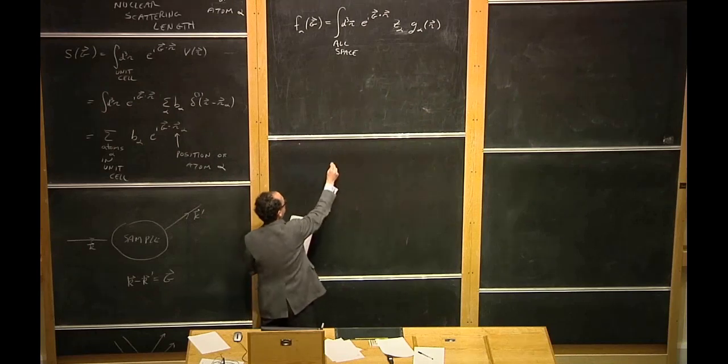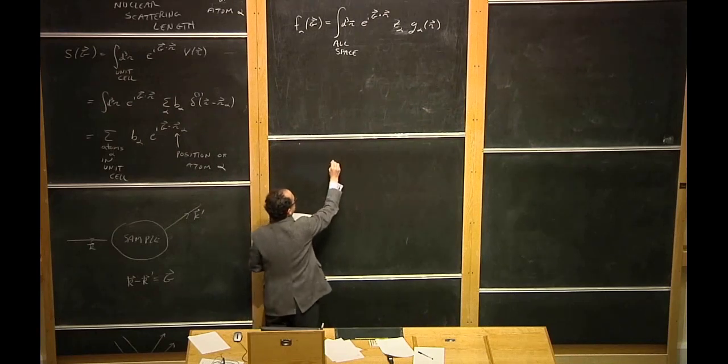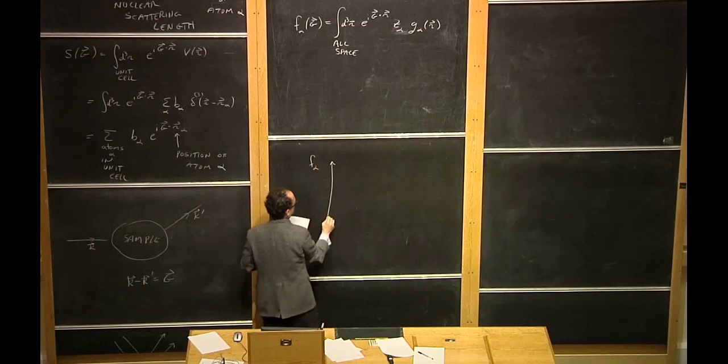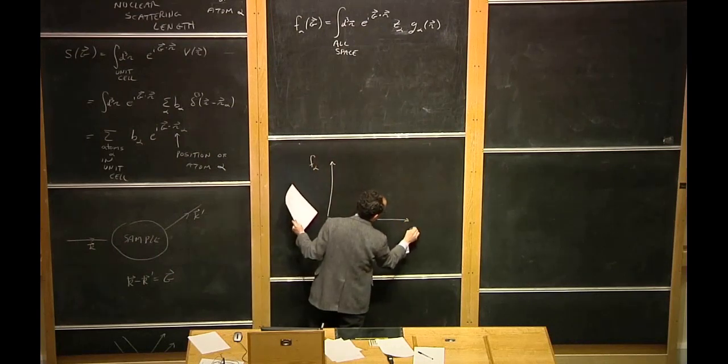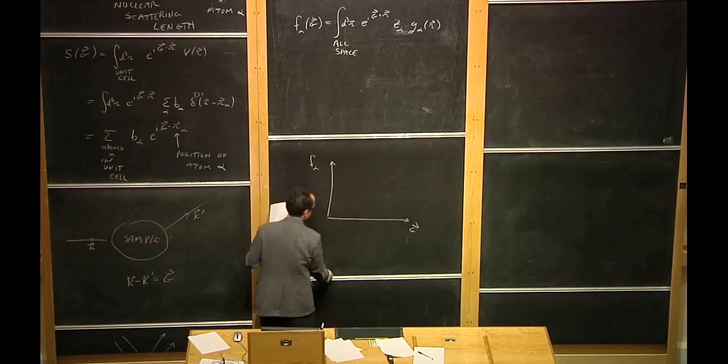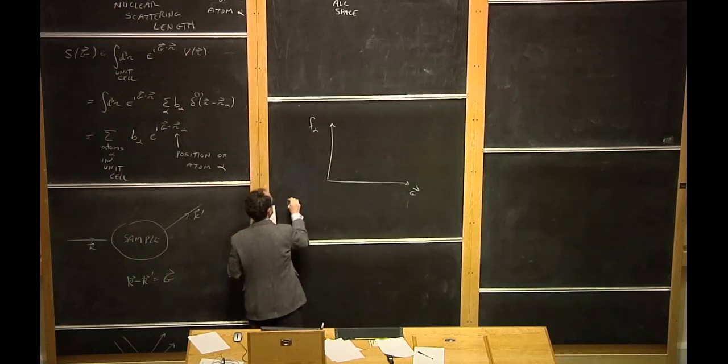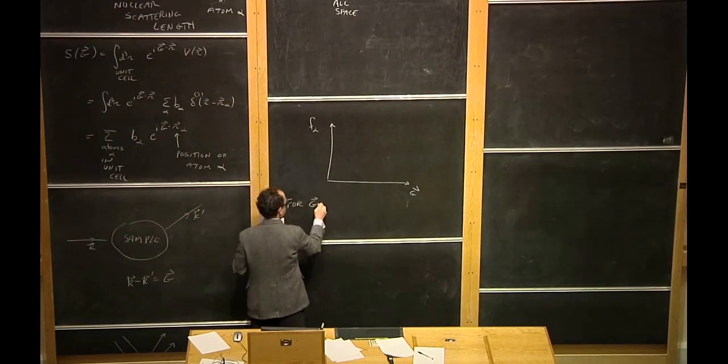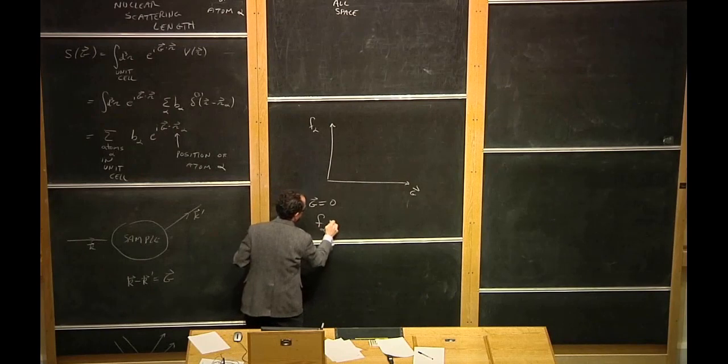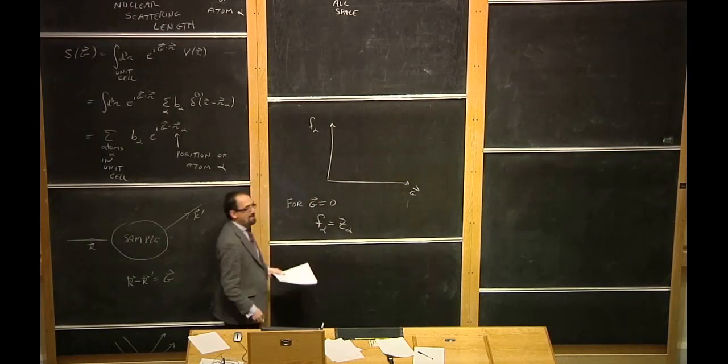Anyway, the form of this form factor more or less looks like this. We'll draw f alpha here, and we'll draw G over here. For G equal to 0, f sub alpha is just Z sub alpha. It's basically counting.